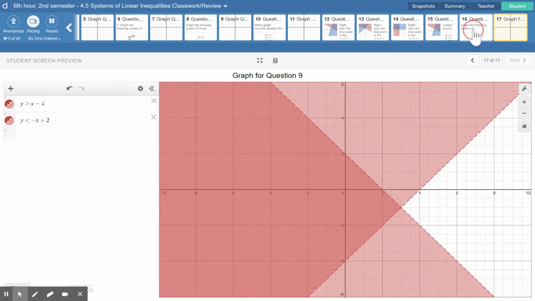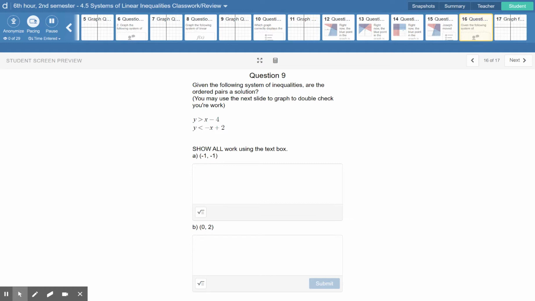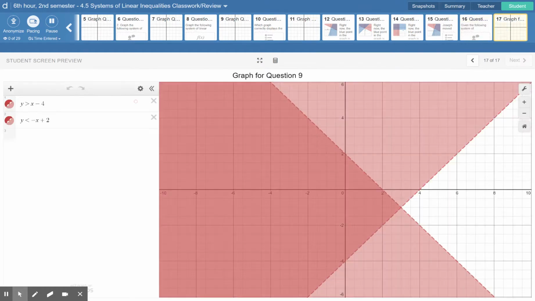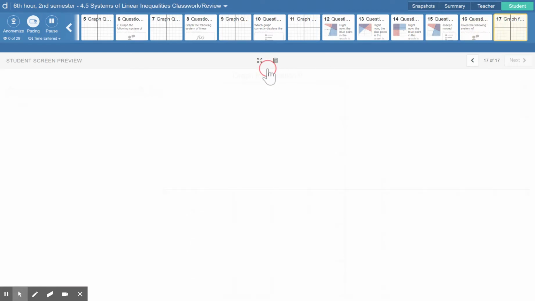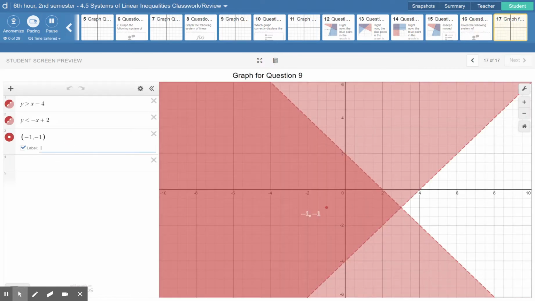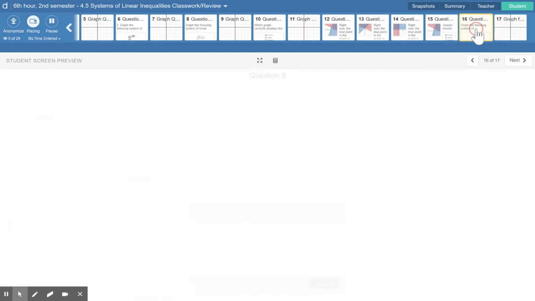That's where we're looking. Now I recommend negative 1 comma negative 1, actually just putting that ordered pair here and seeing if it is in the double shaded. Yes, it is. And then 0 comma 2 would not be because it's on the boundary line.